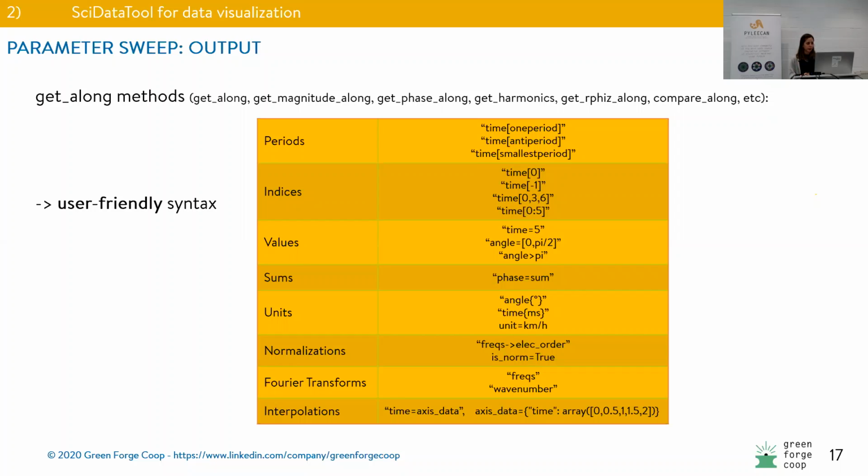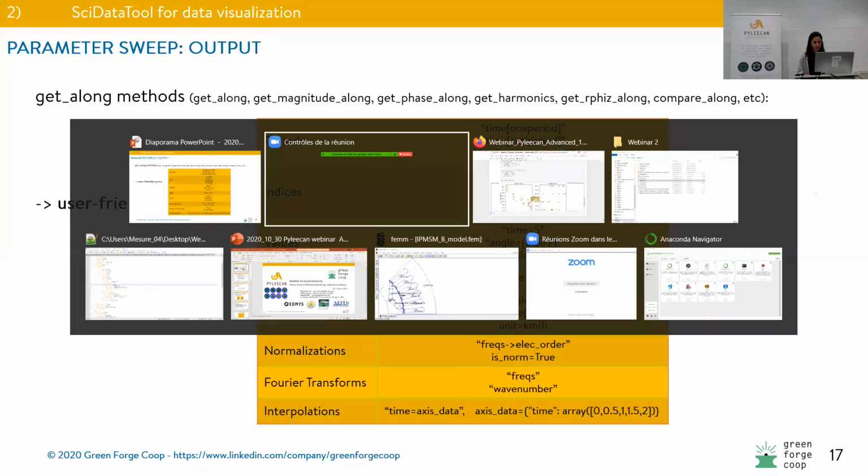And finally, you can do interpolations. If you want time over a different vector, you can use this syntax, axis data, and then you specify what this axis data is. It's an array that you can define. So let's see what it looks like in the notebook.